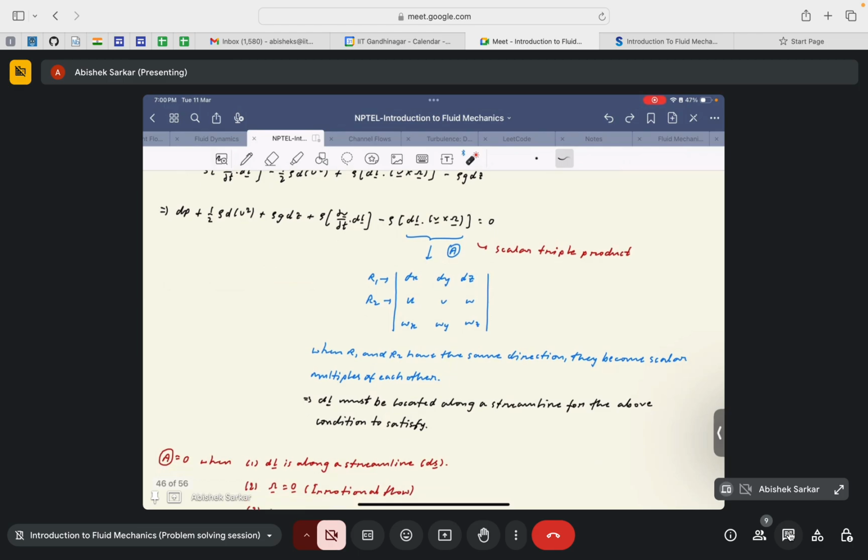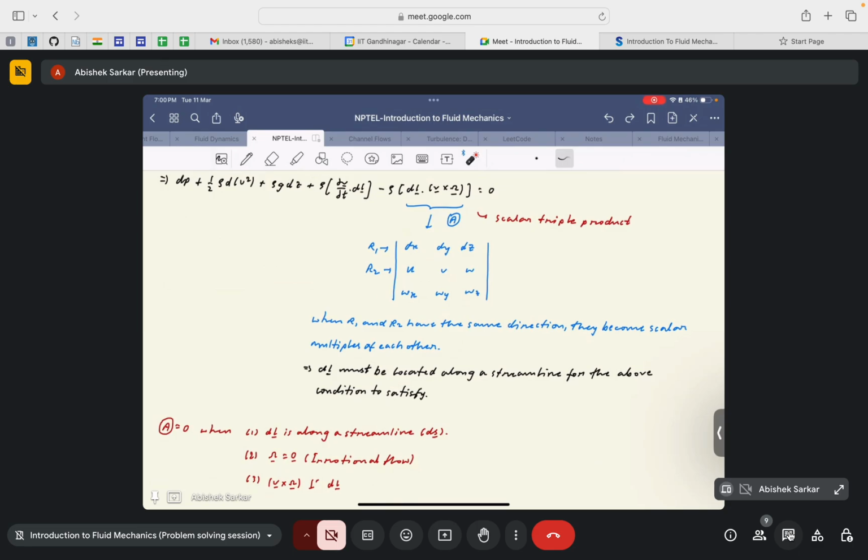The first thing is, if the velocity vectors, that is u, v and w, are along the line element that we have chosen initially, that is basically the streamline, so if they are parallel to each other, then this term would be equal to 0, right? Because these two terms become scalar multiples of each other, then this term becomes 0.